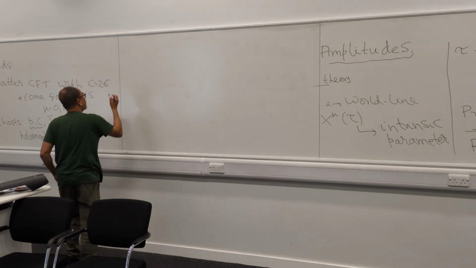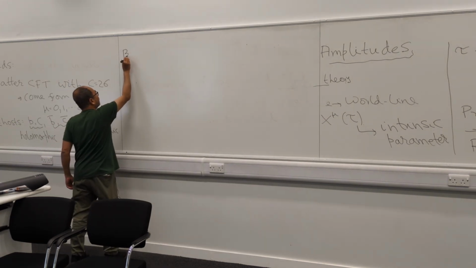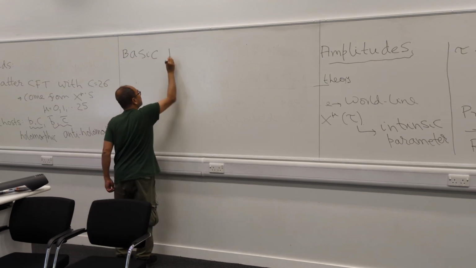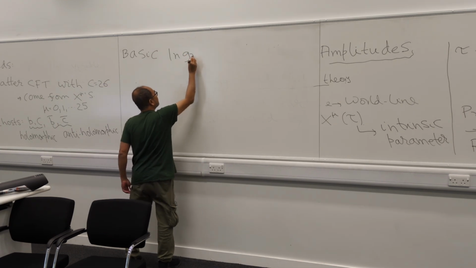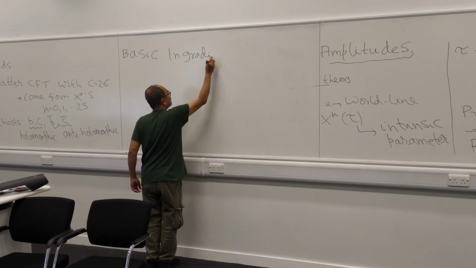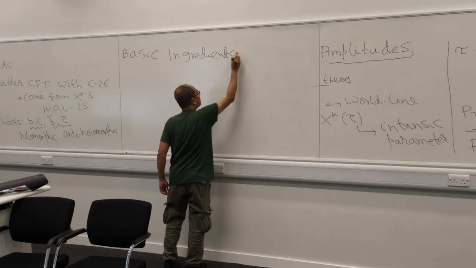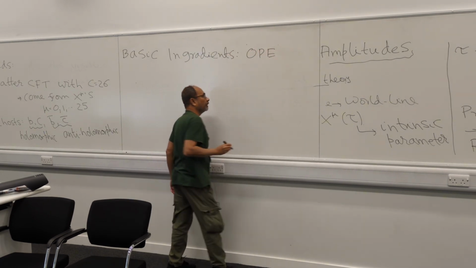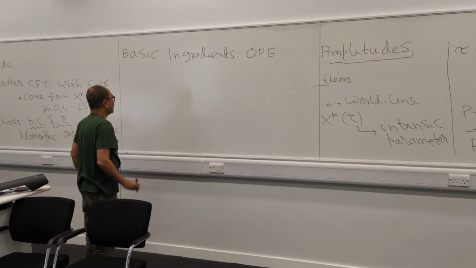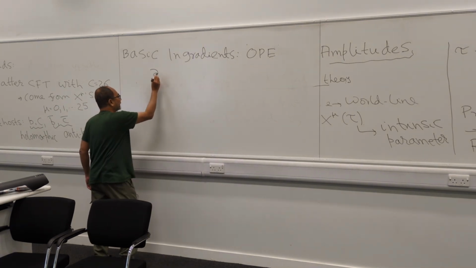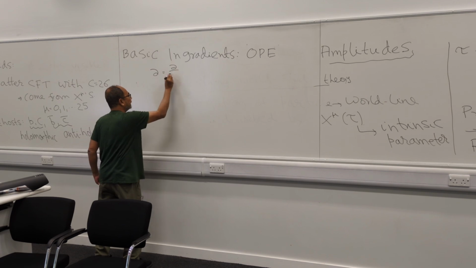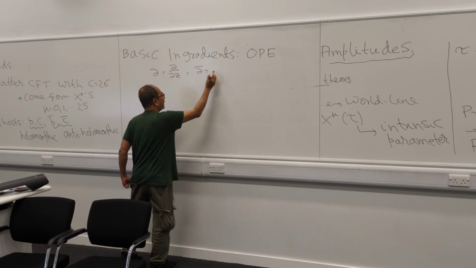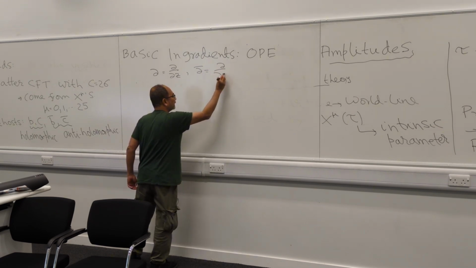So the basic ingredient of describing this conformal field theory are the operator product expansions, or the OPEs. So let me give the operator expansions, and our convention will be that partial will mean derivative with respect to Z and partial bar will mean derivative with respect to Z bar.